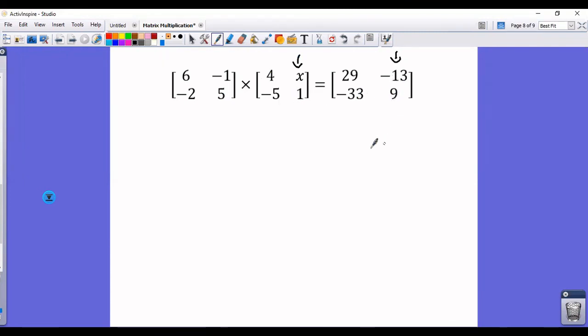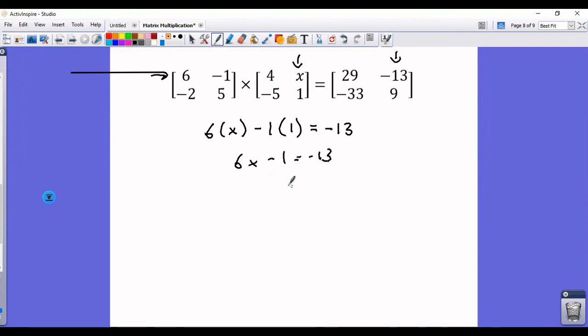If I do the first row, second column, it would be 6 times x minus 1 times 1, and that has to equal the -13. And then it's just algebra. 6x minus 1 equals -13. Add 1, 6x equals negative 12, x equals negative 2. You're done. That's it.